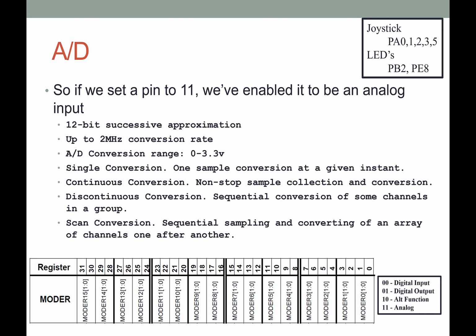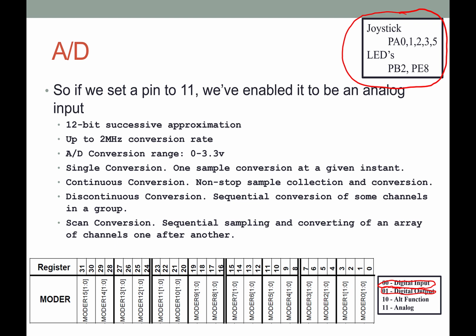This is the same kind of setup that we had before, right? We talked about the joystick being hooked up to the different LEDs and the different buttons of the joystick. Well, that was when we were considering everything to be either a digital input for the joystick buttons or a digital output for the LEDs.